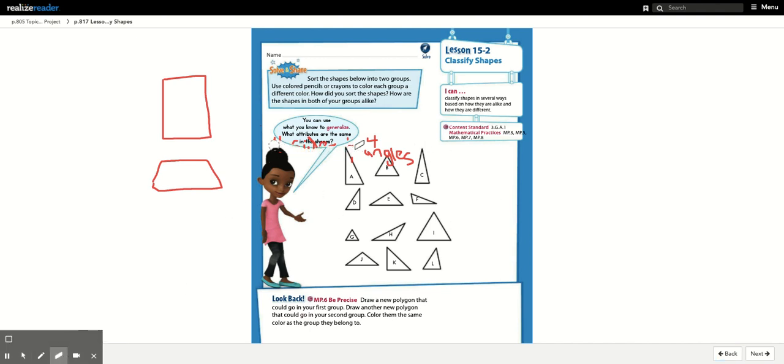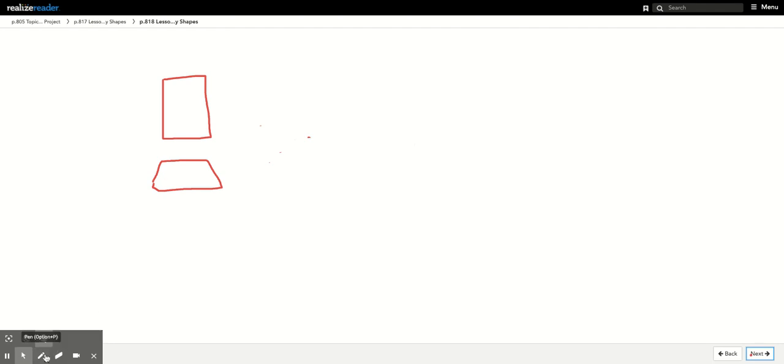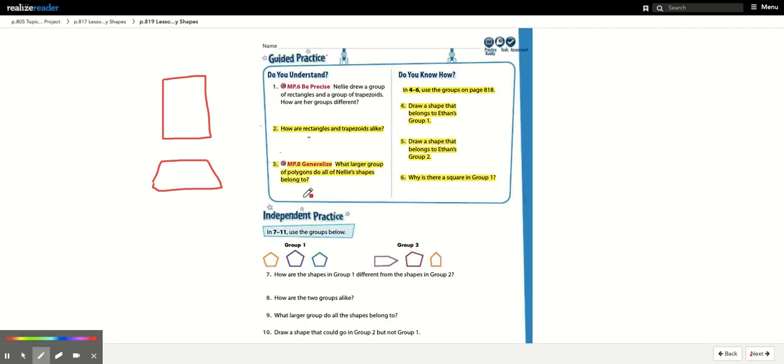What do you guys think? If you're thinking quadrilaterals, you're right.